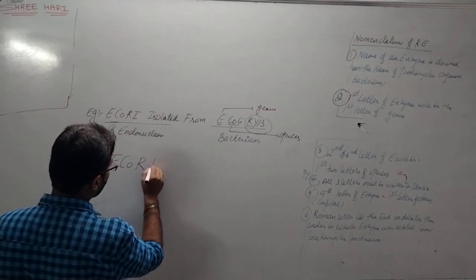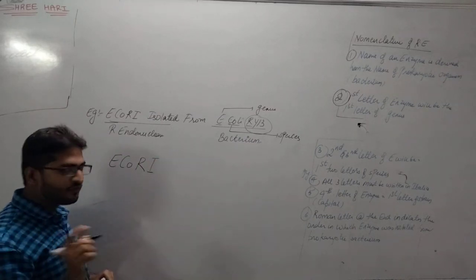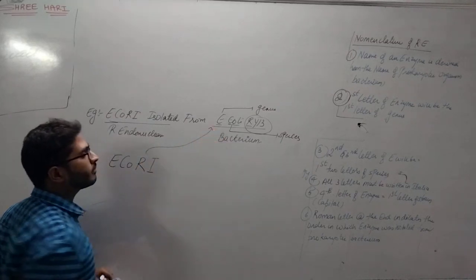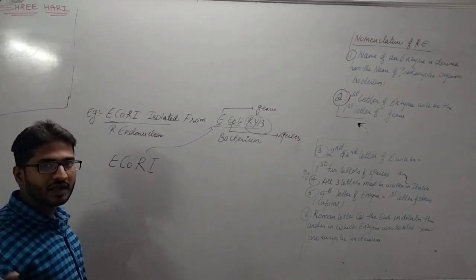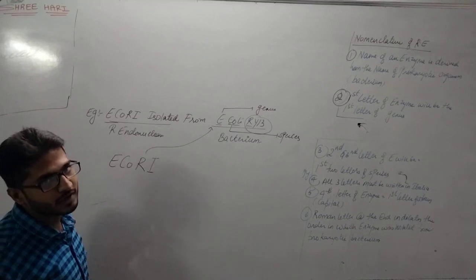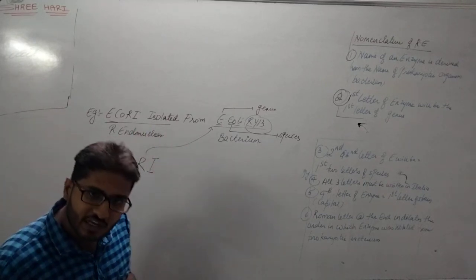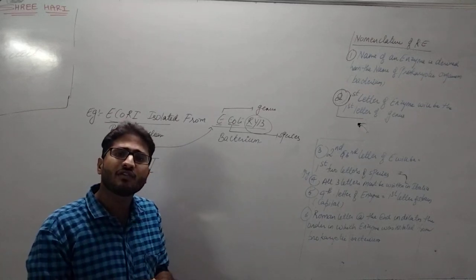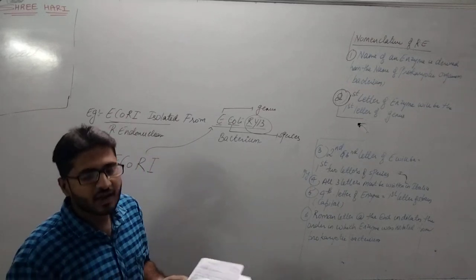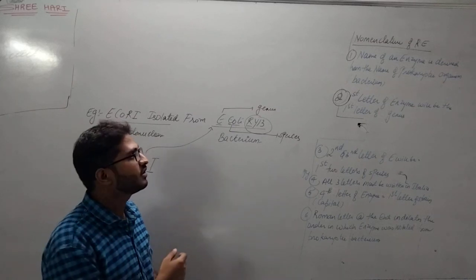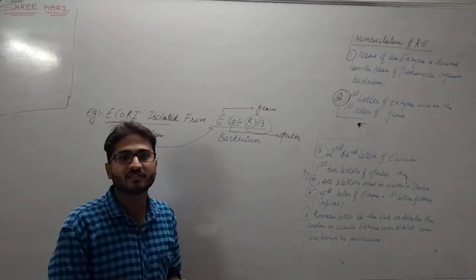Here it is 1, which means that EcoRI was isolated for the very first time from the E. coli RY13 bacterium strain. So this is all about the nomenclature of a typical restriction endonuclease enzyme. In the next part we will discuss the mechanism of action of restriction endonuclease enzymes.